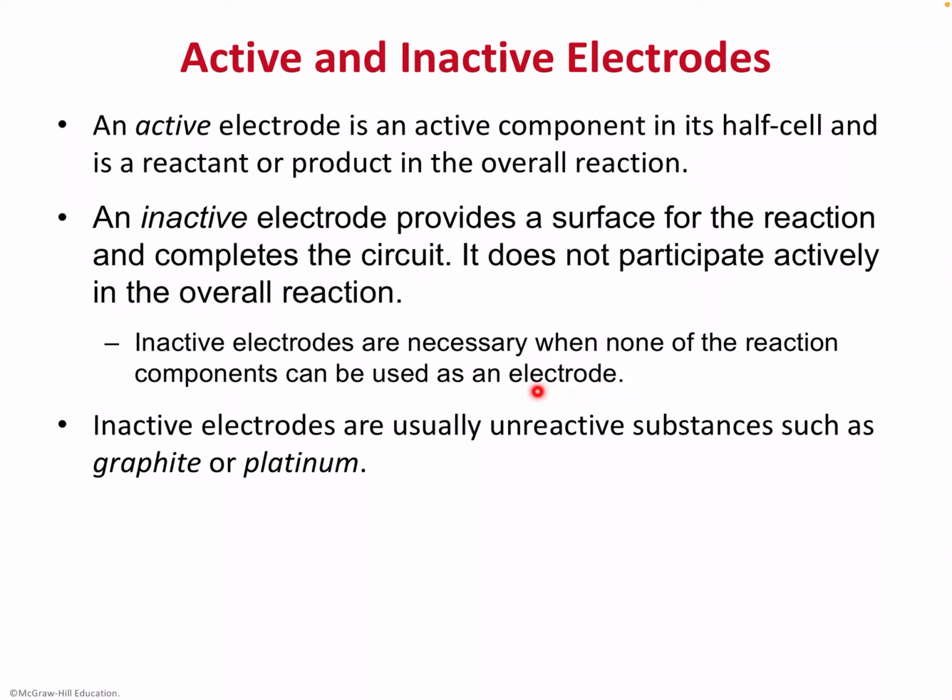So in that case, we would use an inactive electrode, providing a component to use as an electrode. Inactive electrodes are usually unreactive substances such as graphite or platinum. Graphite is carbon. We use carbon or platinum as inactive electrodes.